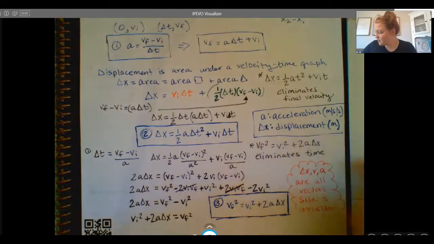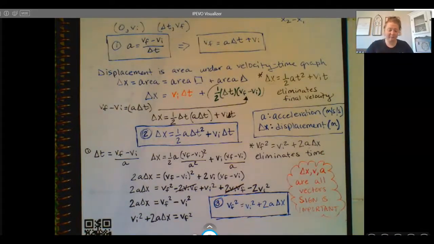Alrighty, and what do I mean by that? So, if you move to the right, then you have a positive displacement. If you're moving to the right, you have a positive velocity. Now, the sign of acceleration is going to depend on what way you're moving, and hopefully you have your foldable to help you determine the sign of the acceleration.